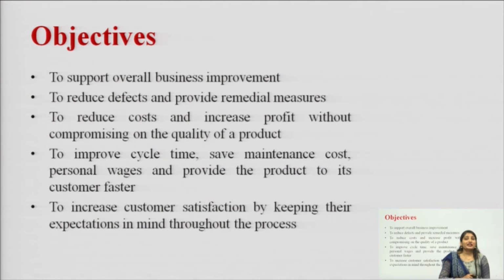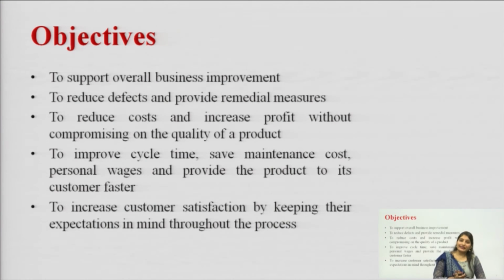Next are the objectives of the Six Sigma concept. What are the various objectives? Your first objective is to support the overall business improvement. In the Six Sigma concept, we use statistical quality control methods to identify deviations and to control variations in the quality of the product.